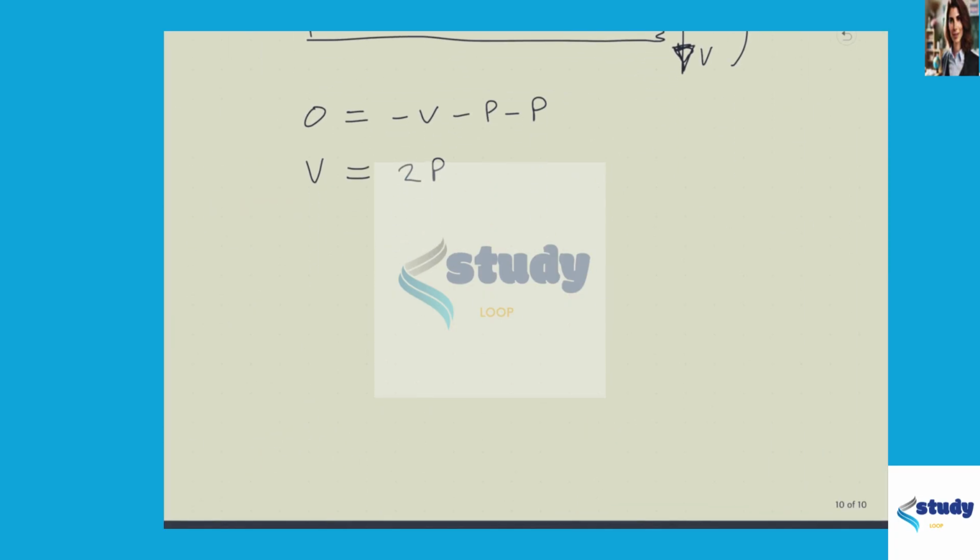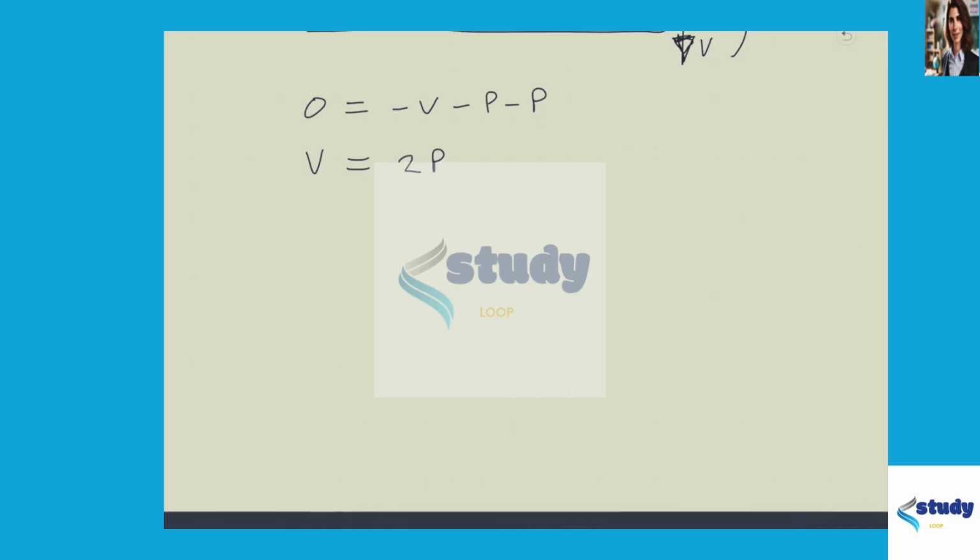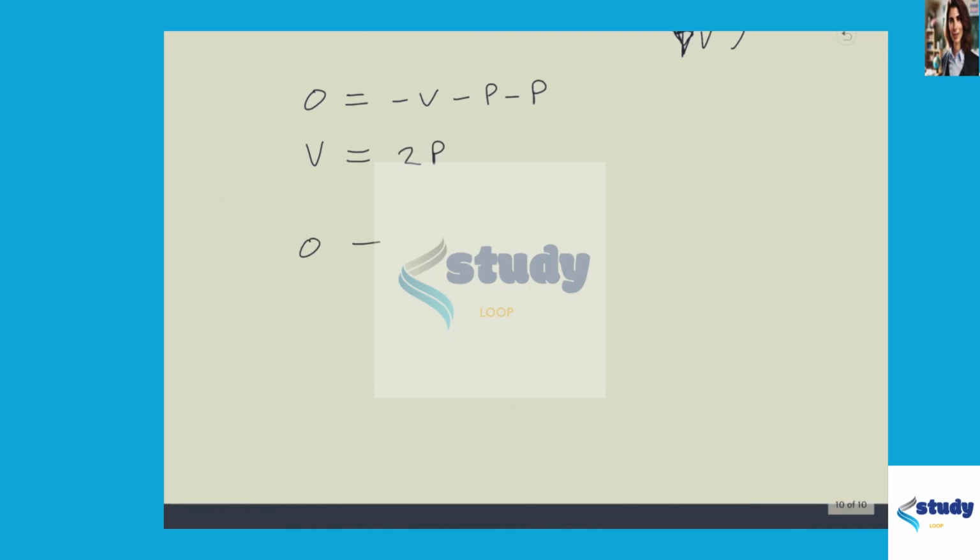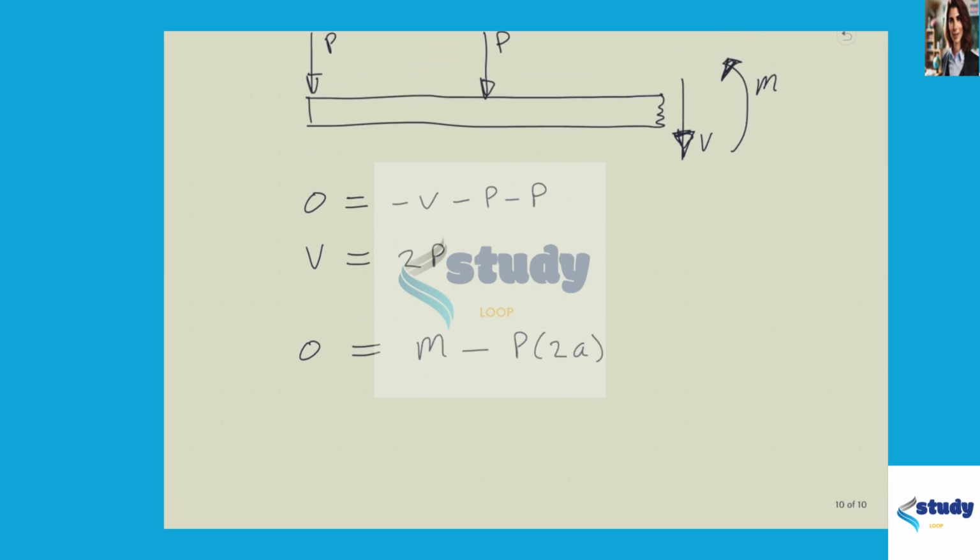Okay. Now, to find our moment, we're going to be subtracting P times 2A. It's the length, the total length. And then we have another negative moment from the second P, multiplied just by the length of A, right there.